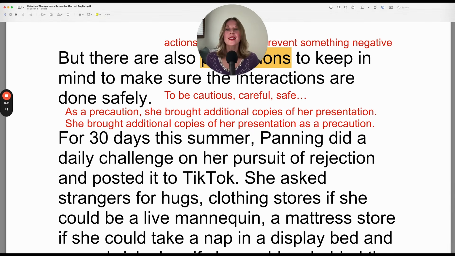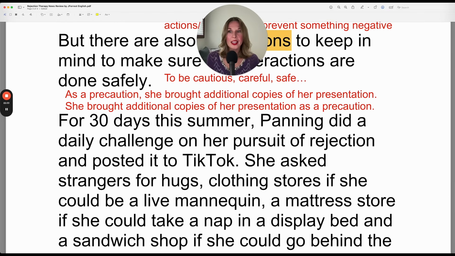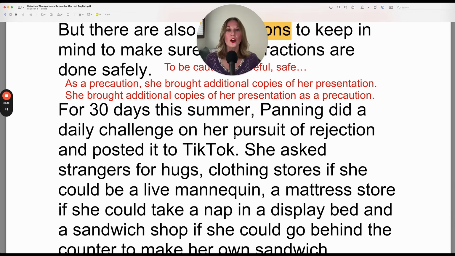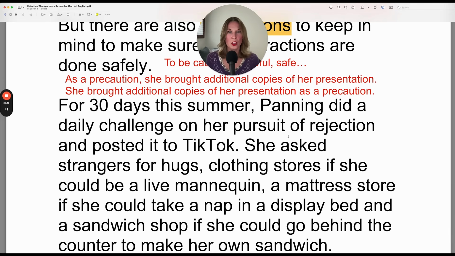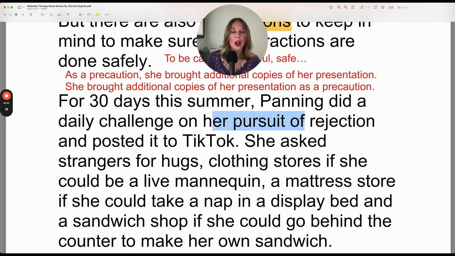For 30 days this summer, Panning did a daily challenge on her pursuit of rejection. So, her pursuit of, this comes from the verb to pursue. She did this to pursue rejection, but now it's just one's pursuit of something.